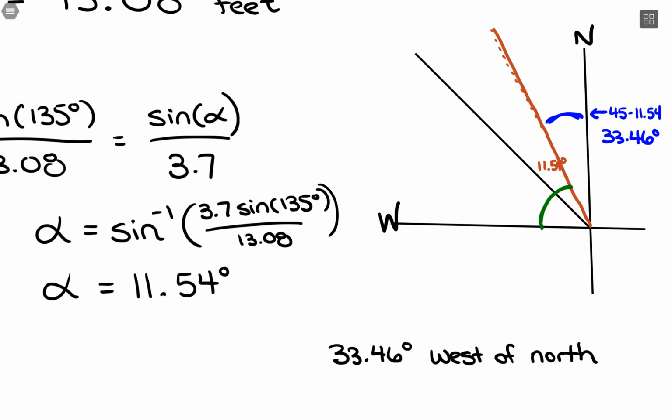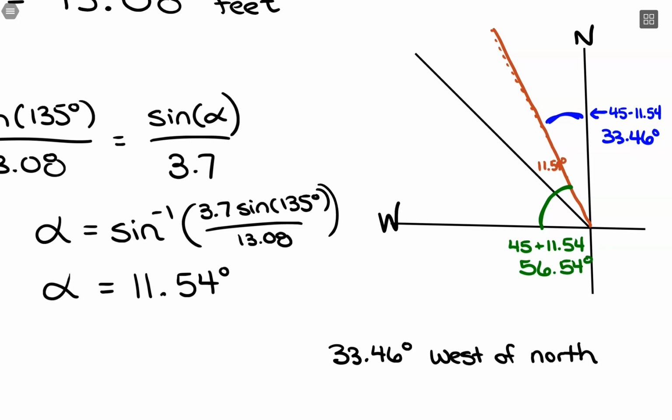Then the green angle there, what that would come through as is 45 degrees plus another 11.54, or you could take 90 degrees minus that 33.46, but let's do it this way of 45 plus 11.54, which is 56.54 degrees.